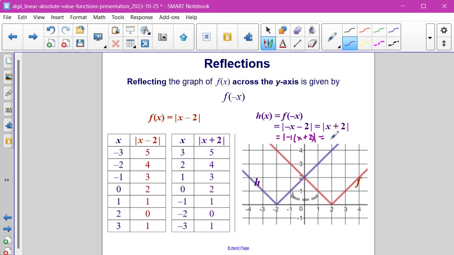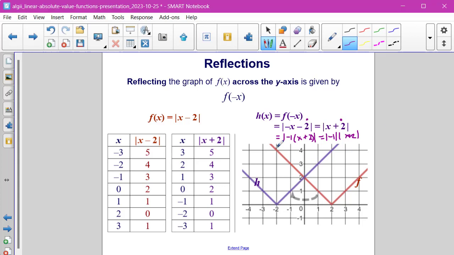And then we know by the rules of absolute value, when you have the absolute value of a product of two terms, you can take the absolute value of each term and multiply them together. And the absolute value of negative 1 is 1, and the absolute value of x plus 2 is x plus 2, which makes these two absolute value expressions equivalent.